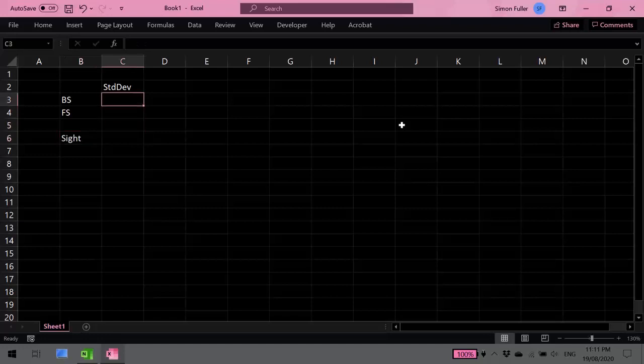So we might say that we can measure the readings on our staff to plus or minus 1 millimeter as our standard deviation. Put some units in there. Now they're the same, which is what we mentioned back in the notes just before. The standard deviation of the backside and the foresight is the same, so that's pretty much the standard deviation of a sighting.